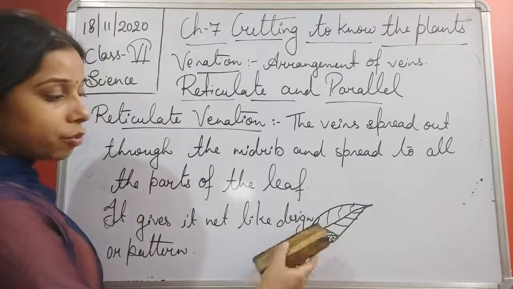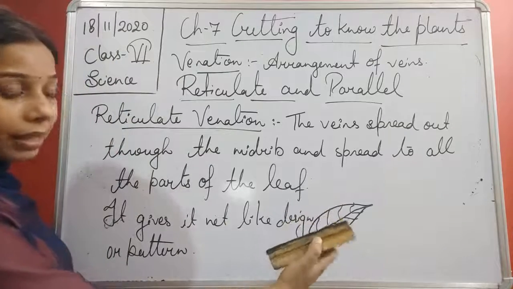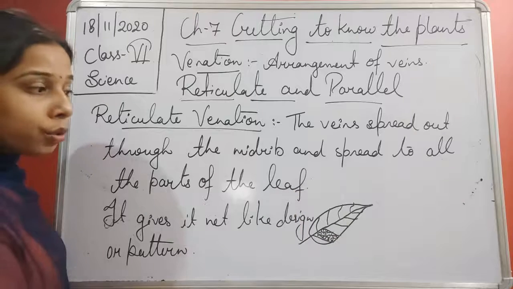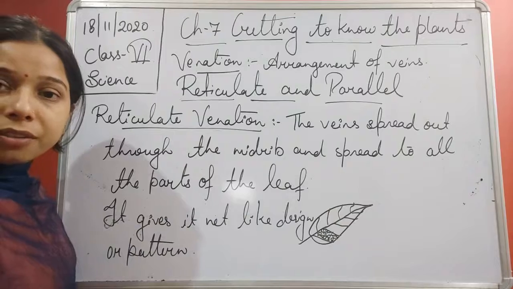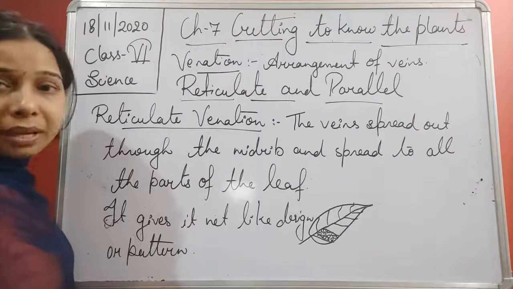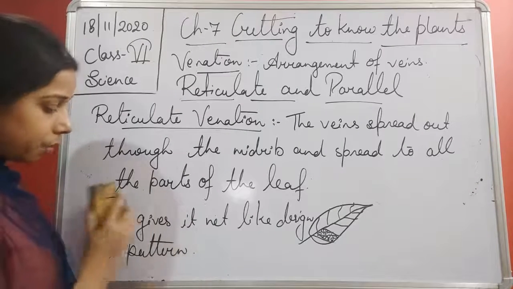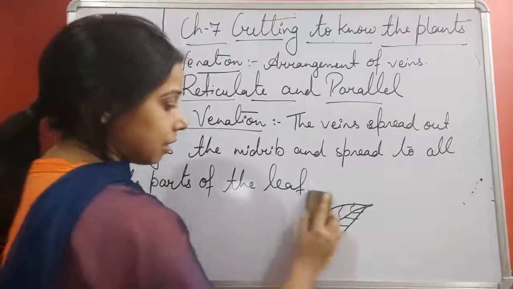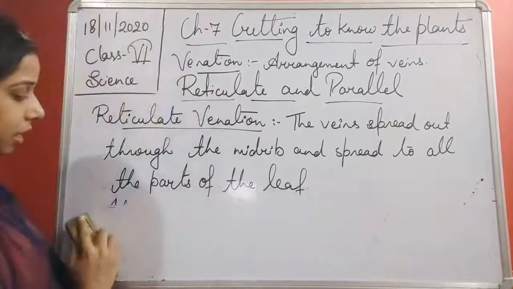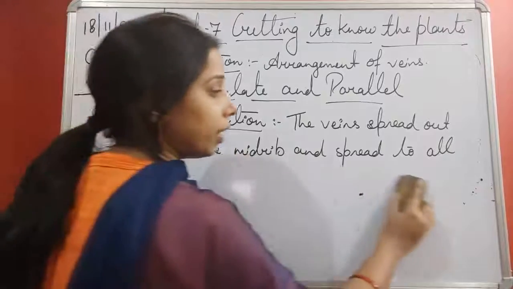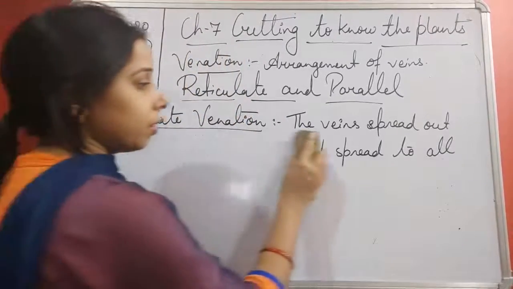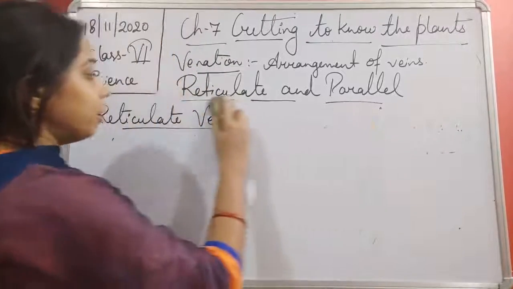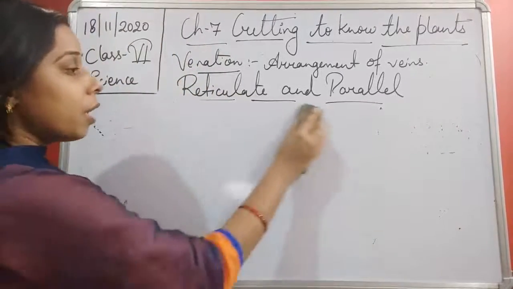Because the veins coming out of the midrib spread all over the different parts of the leaf, giving it the appearance of a net. That is why we say that reticulate venation is a venation which gives a net-like structure. A net-like design will be seen in case of a reticulate venation.